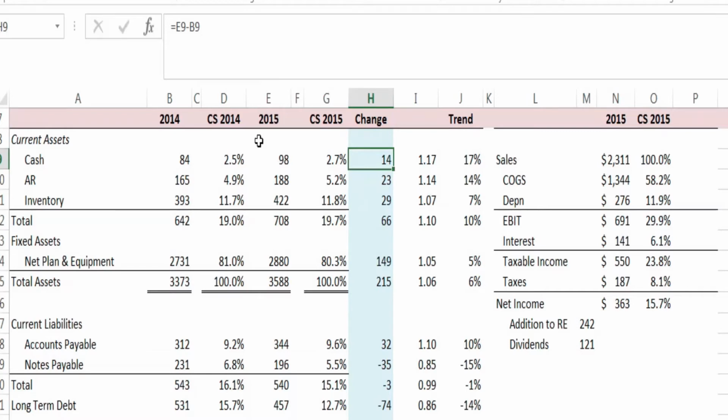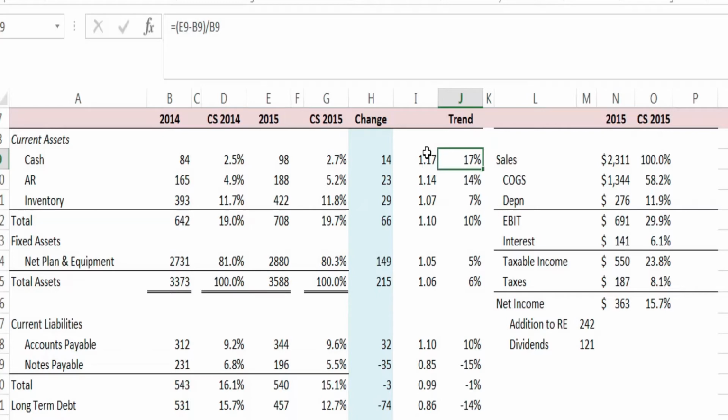So I've just taken the 2015 numbers minus the 2014 numbers. Now, if I take that and divide that by the base year, and we always assume that the last year is the base year, so 2014, I can see the increase or the trend in that account.